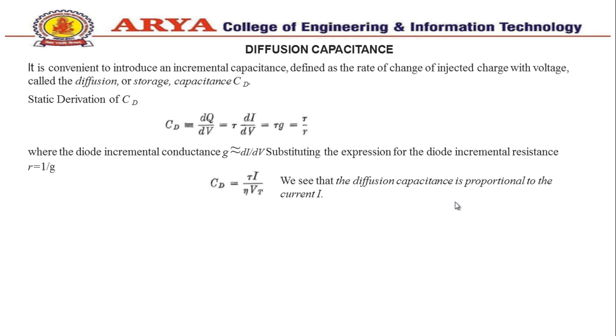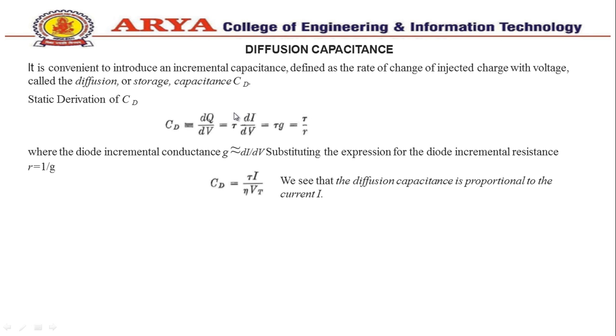The next category of capacitance is diffusion capacitance. For a forward bias, a capacitance which is much larger than the transition capacitance Ct comes into play. The origin of this larger capacitance lies in the injected charge stored near the junction outside the transition region. So it is convenient to introduce an incremental capacitance defined as the rate of change of injected charge with voltage, that is called diffusion or storage capacitance CD.